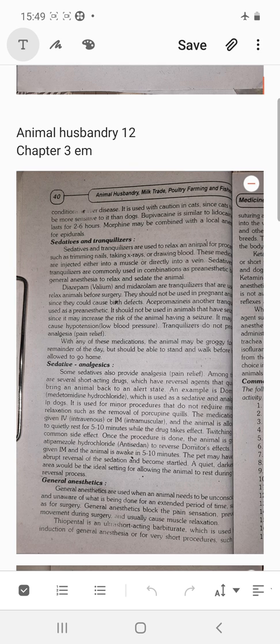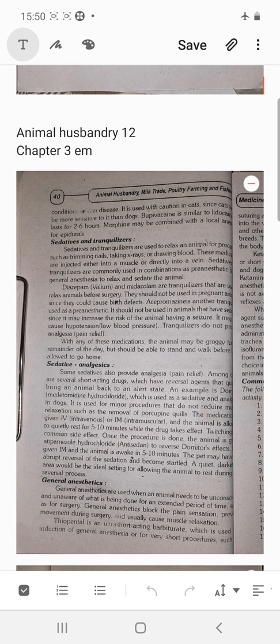Local anesthesia prevents the pain impulses from being read by the brain. With animals, local anesthesia may provide pain control but may not be sufficient to keep the animal still during the procedure. In these cases, a sedative or general anesthesia is typically needed in conjunction with the local anesthesia.